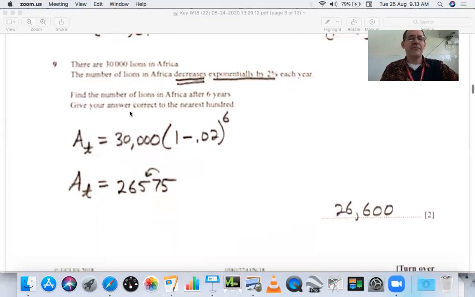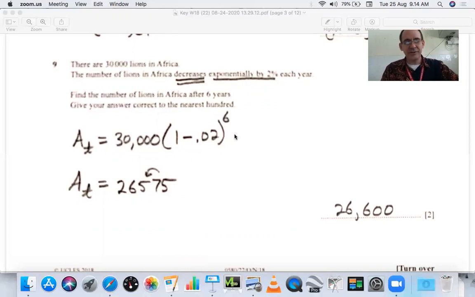So we start off, this is for your original amount, which was 30,000 lions. These lions are decreasing from our original 100%, and they're decreasing by 2%. Make sure you enter it as a decimal, 0.02, and the time is 6 years. That's the exponent part.